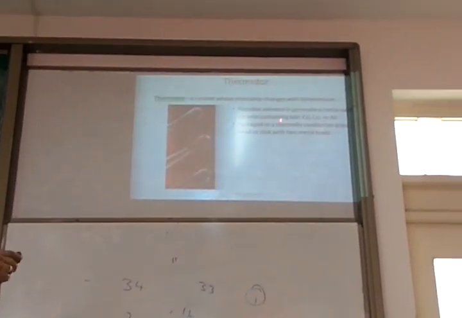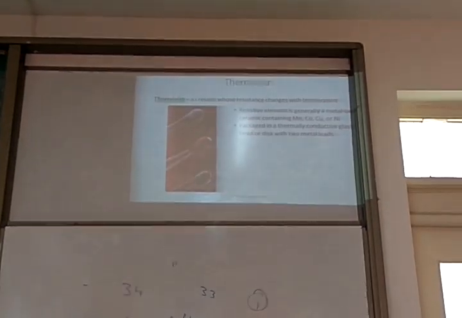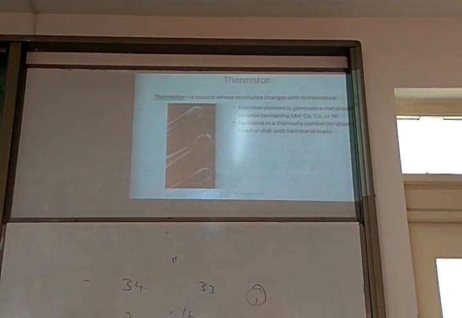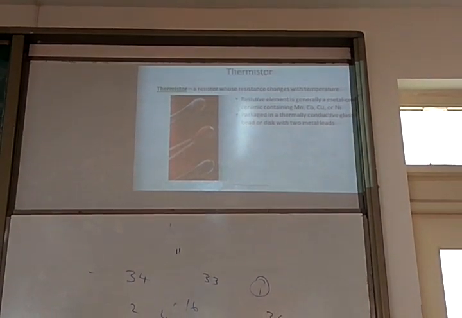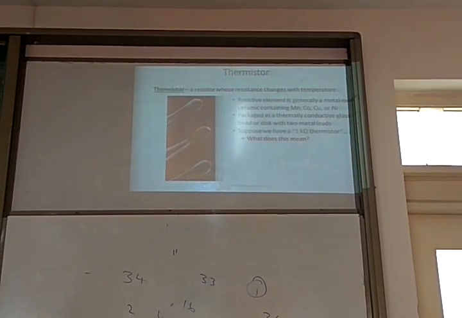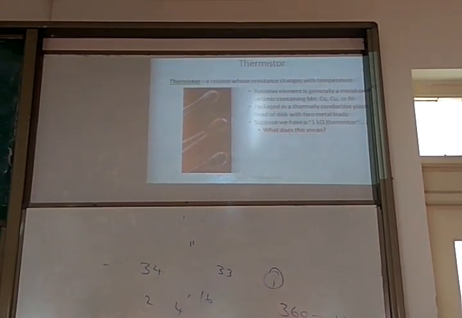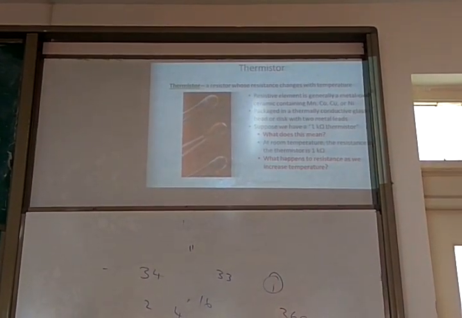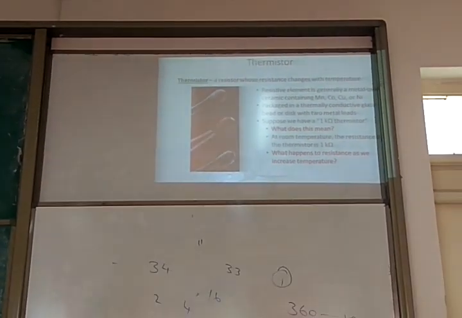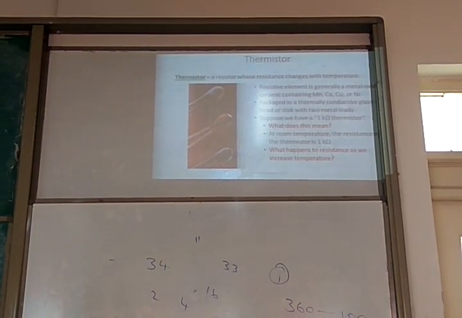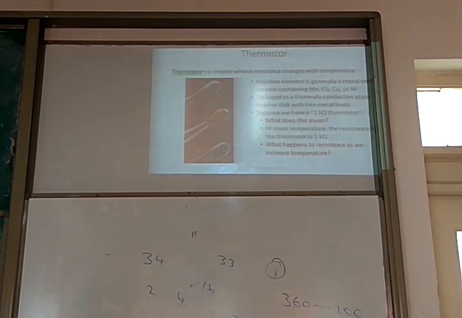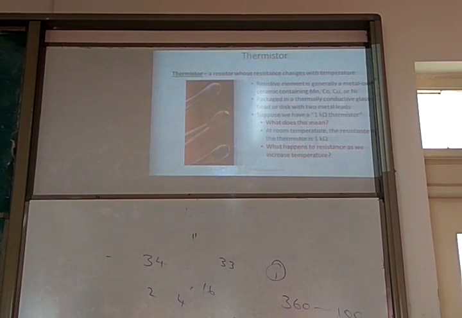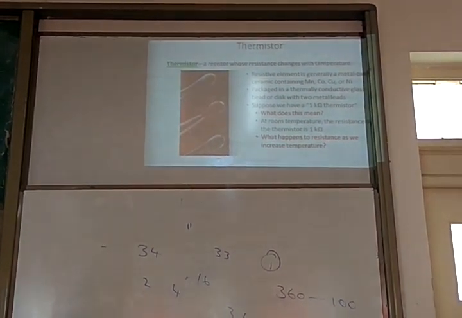Now, these are some of the commonly used materials: nickel, copper, cobalt. These are mostly used for making the thermistors. Basically, it is a resistance value that we measure. Yesterday, we learned how to measure change in resistance using a circuit.